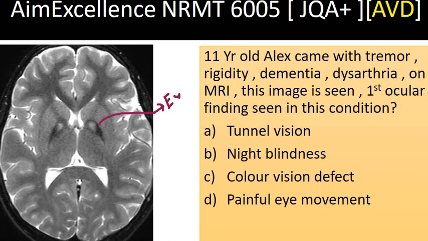So you can easily figure out which condition it is, because this particular question has been asked before. This is Hallervorden-Spatz disease. Eye of tiger sign.